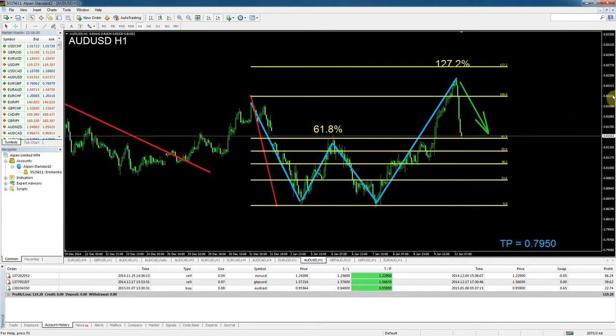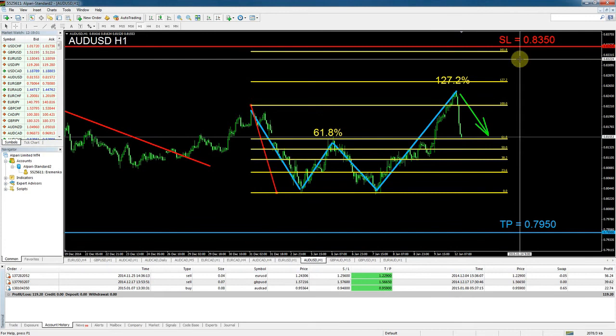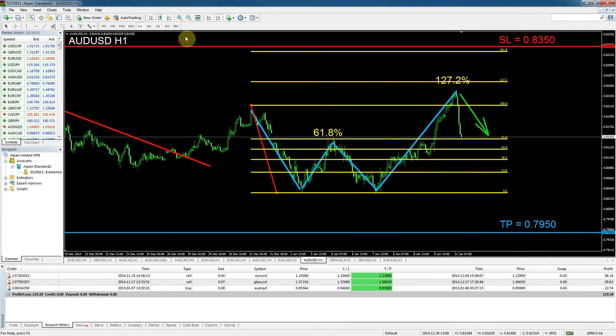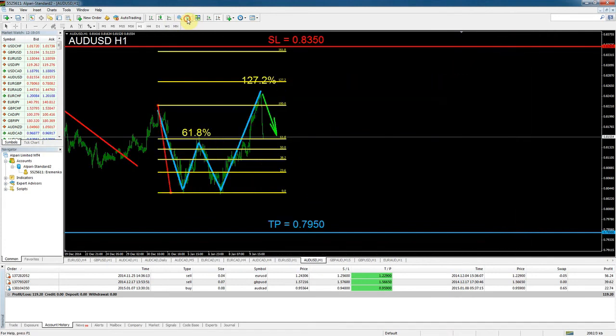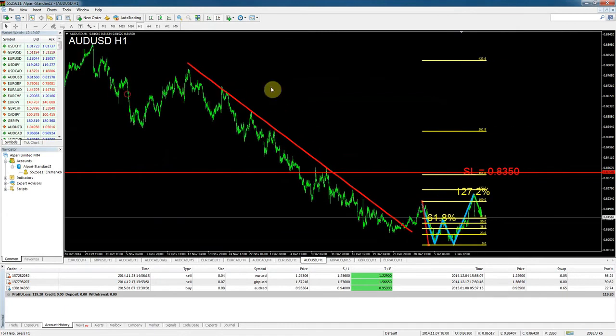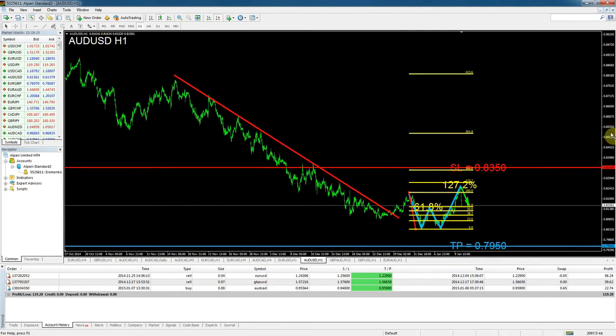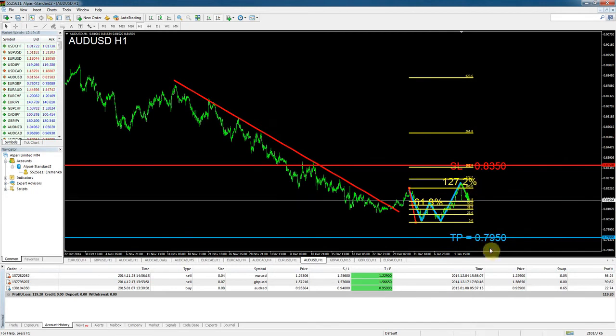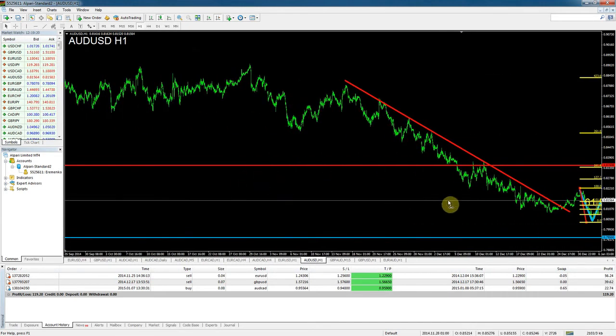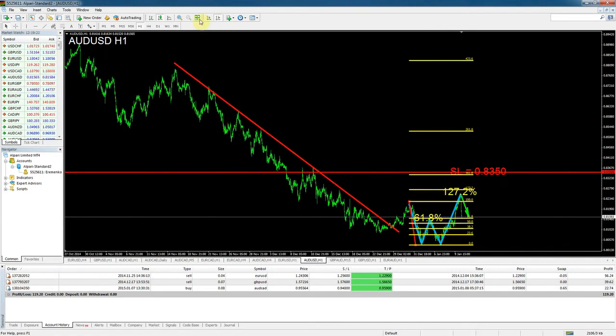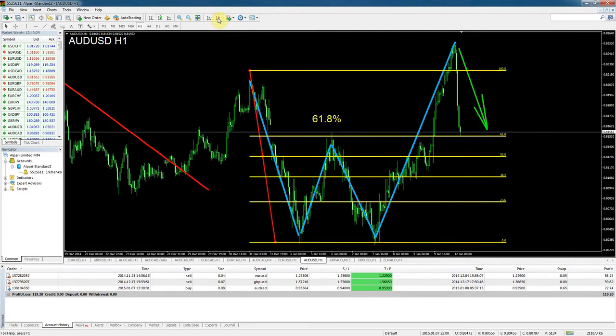So it's good to protect our stop loss in that way. Finally, if we zoom out a little bit, you will see that we were in a downward trend, so there is more evidence for us to say that the trend will continue in that direction, which is good. It's always good to trade in line with the overall trend.